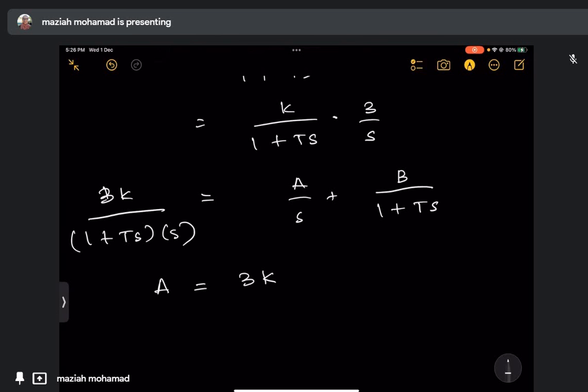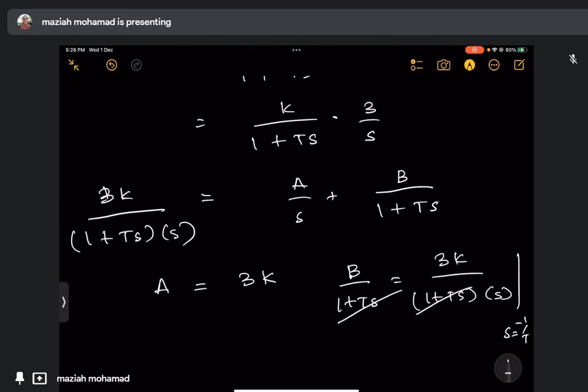If you solve for B, B times 1 plus TS equal to 3K over 1 plus TS multiply S, considering S equal to negative 1 over T. Okay, this one is cancelled.